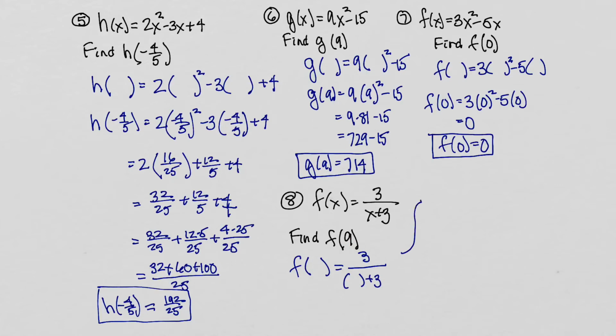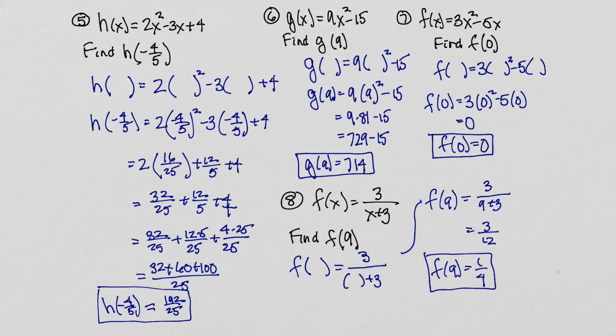I'll do it up here. So we're going to get f of 9 equals 3 over 9 plus 3, 3 over 12, and we can reduce that. So let's say that f of 9 is 1/4. And what it means then is when the input is 9, the output, that whole collection of symbols represents the output. When the input is 9, the output is 1/4.